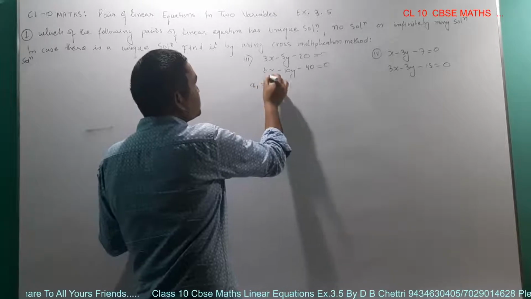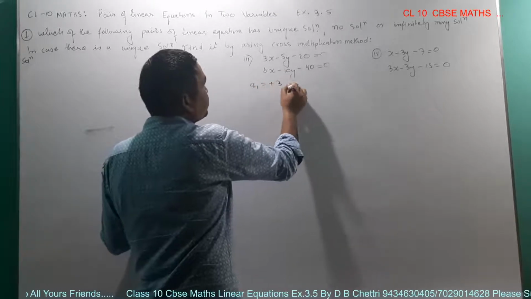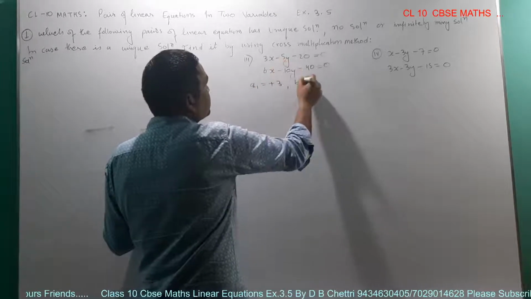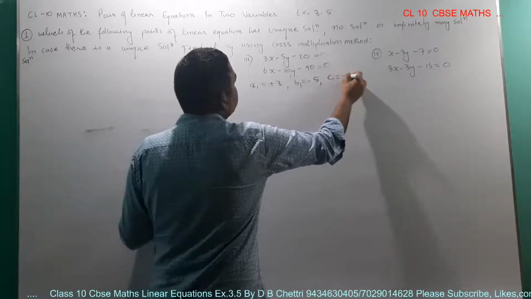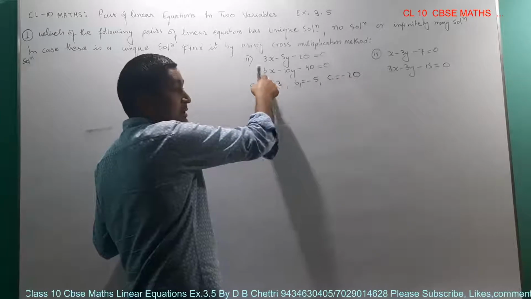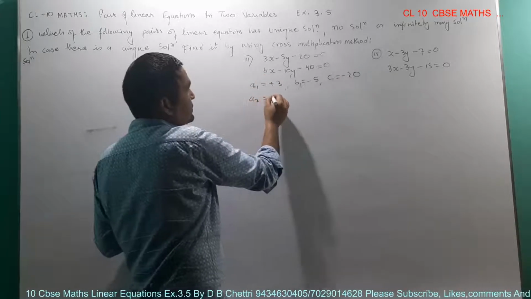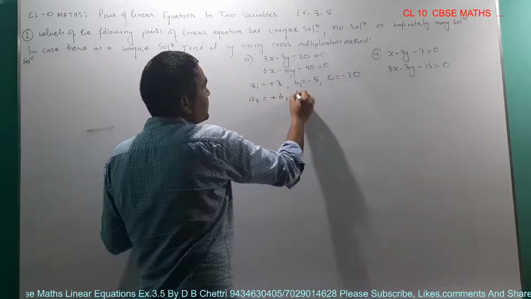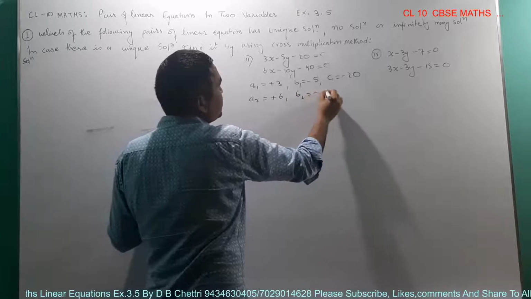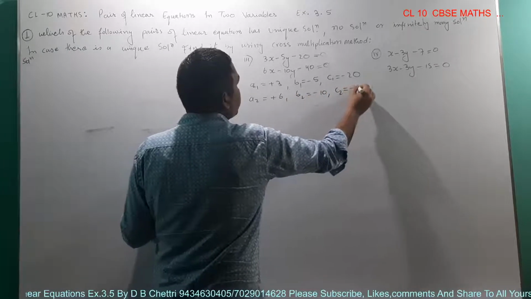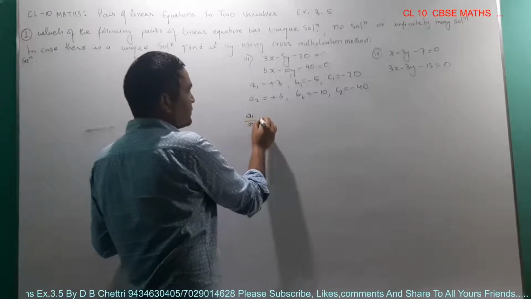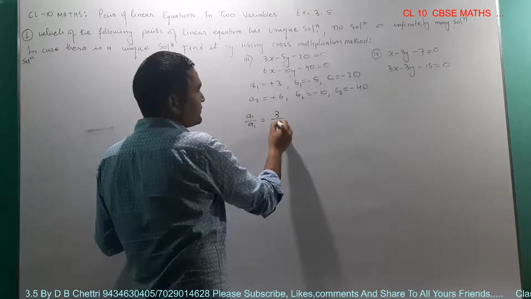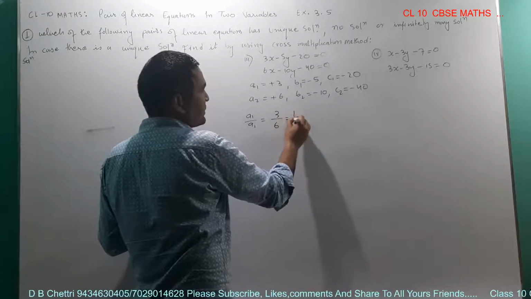Then A1 equals plus 3, B1 equals minus 5, C1 equals minus 20. Now similarly from the second equation, A2 equals plus 6, B2 equals minus 10, and C2 equals minus 40. Now get the ratio. A1 by A2, 3 by 6, that means 1 by 2.